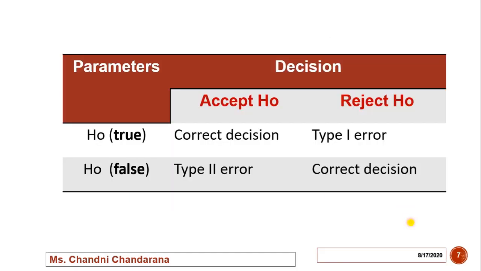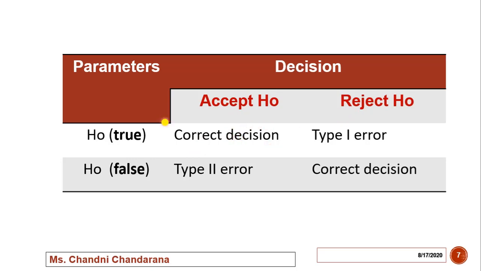Now, see, these are the parameters. This H0 means null hypothesis, it's true or false, right? So this is a decision: an acceptance of the null hypothesis and a rejection of the null hypothesis. When our hypothesis is true and we are accepting it, it is our correct decision.